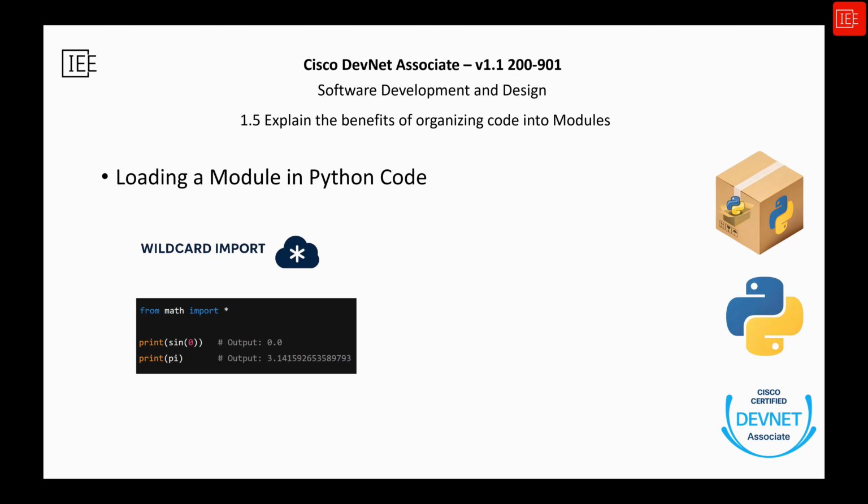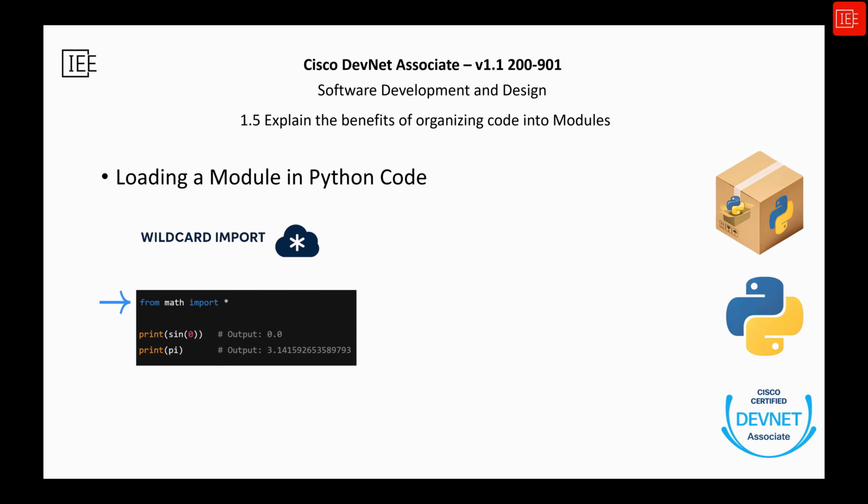Finally, there is the from import star option, often referred to as the import all approach. This brings in everything from a module directly into your current script. So you don't need any prefixes at all. So for example, from math import * lets you call sin or use the constant pi immediately.